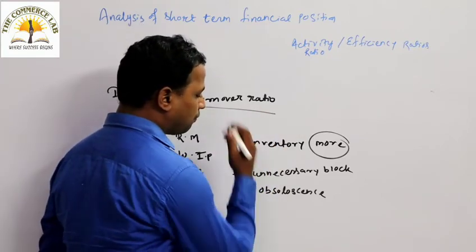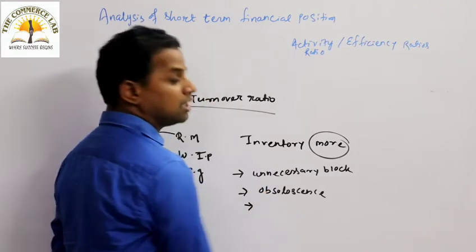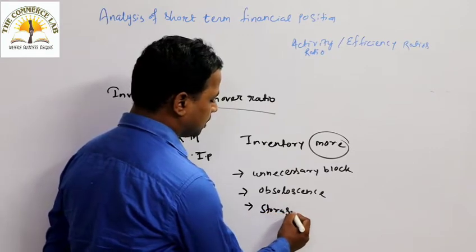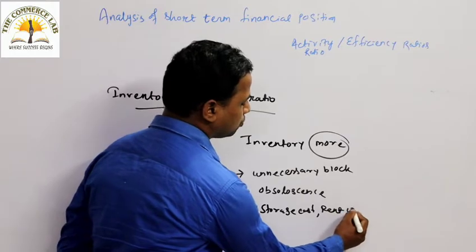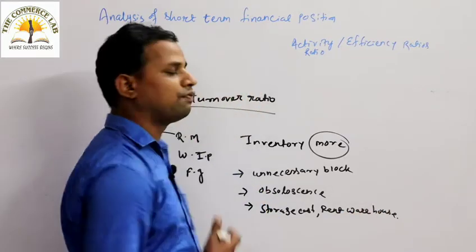Similarly, for keeping that inventory you incur different kinds of cost. It may be storage cost, it may be rent of a warehouse. These are the costs you might incur while keeping a large amount of inventory.